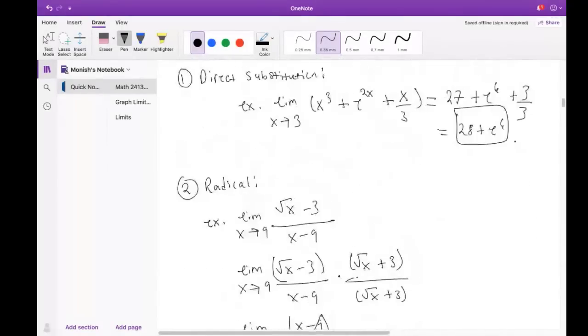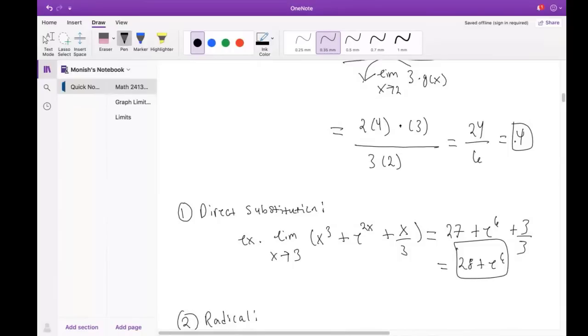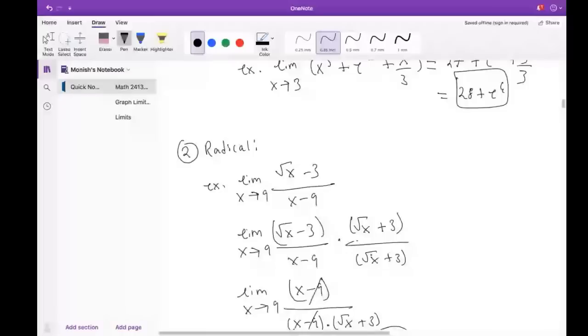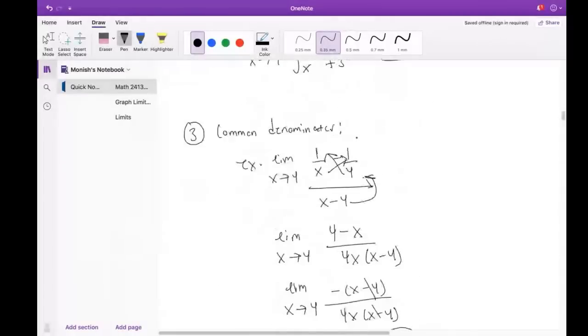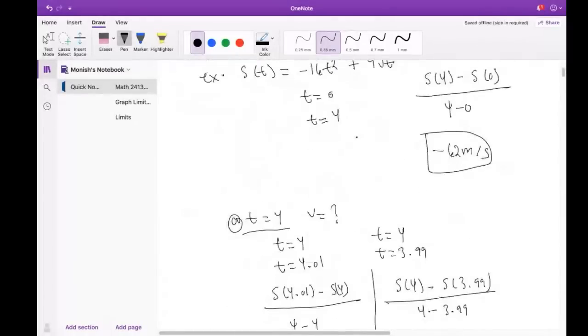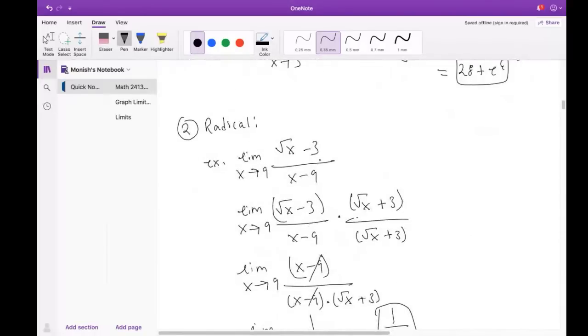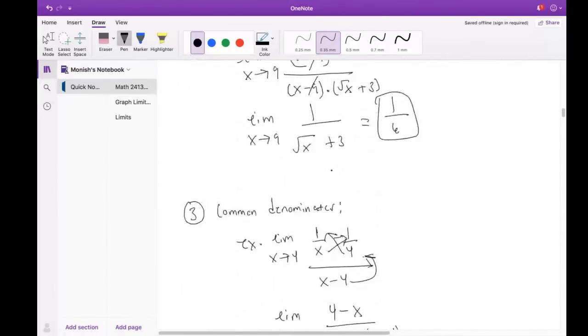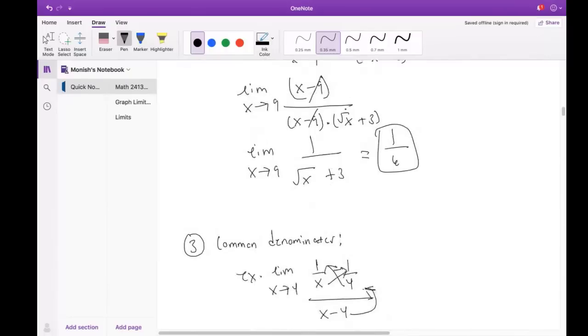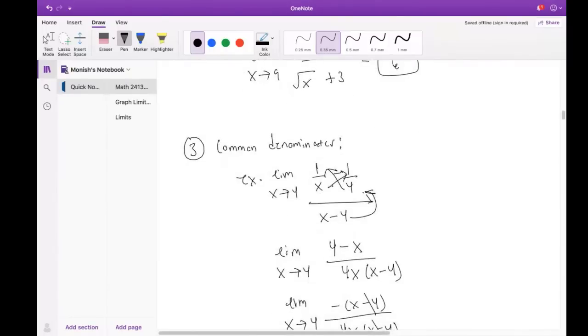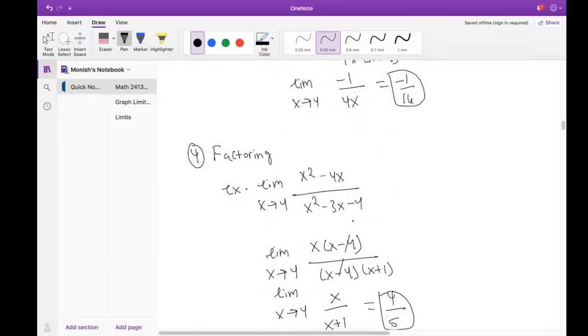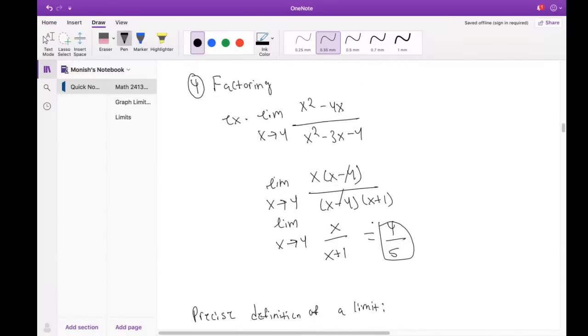And then for the different limit techniques, the first thing you're going to try is direct substitution by just plugging in the x value that it's approaching. If you end up getting something over 0, you have to see whether it's a radical function, so you have to rationalize it by multiplying by the conjugate, if you can do common denominator, or if you can just factor it out. So it should be one of those three methods.